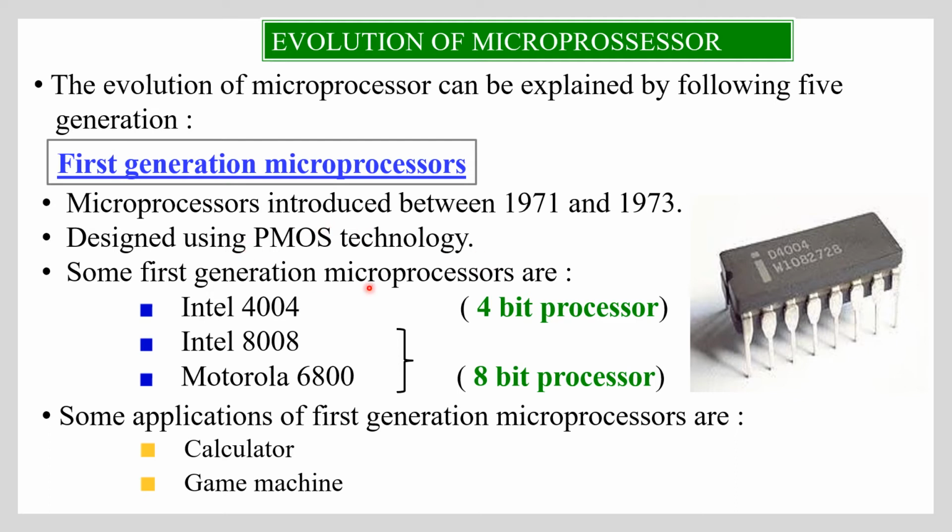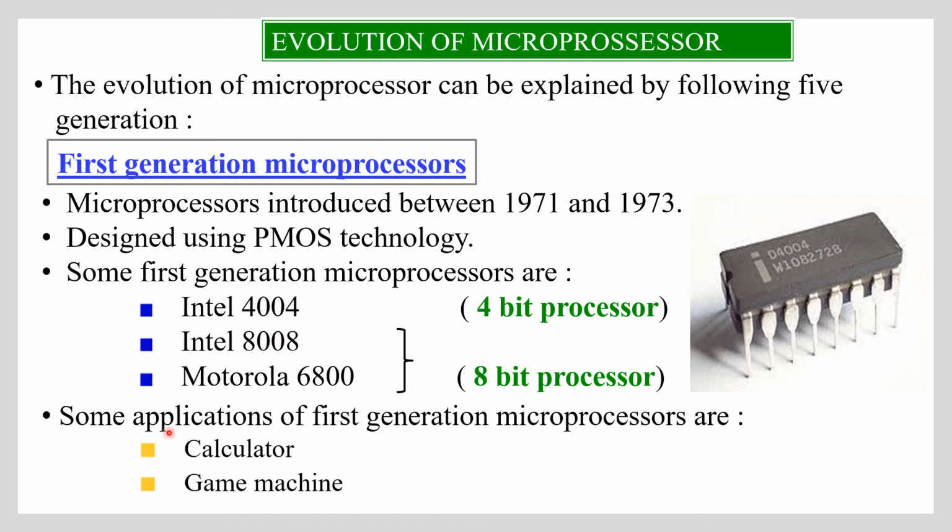That is, the PMOS type was used to develop the first microprocessor. Then Intel 4004 was the first microprocessor available in the market. It was a 4-bit PMOS microprocessor introduced in 1971, designed for use in calculators. So it was the first to come to the market.